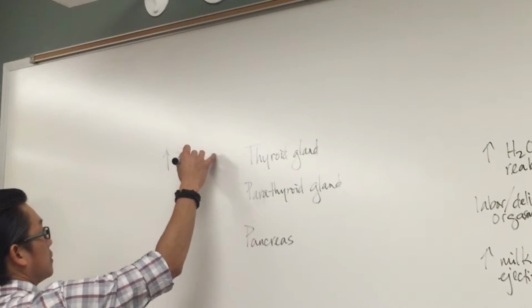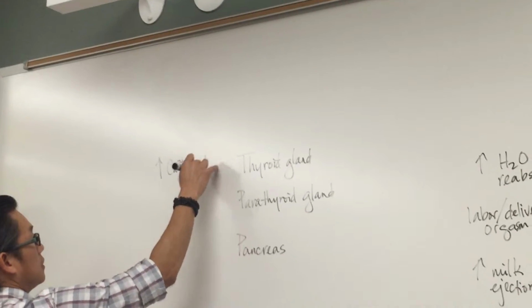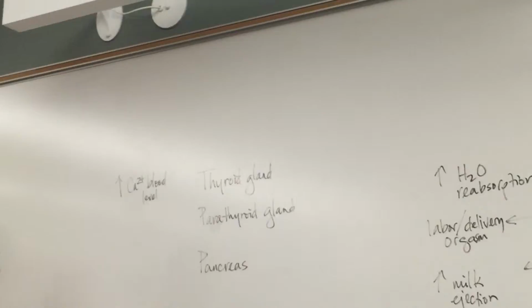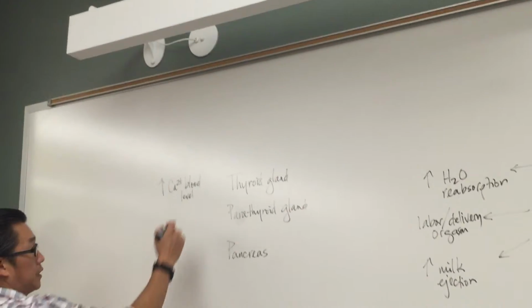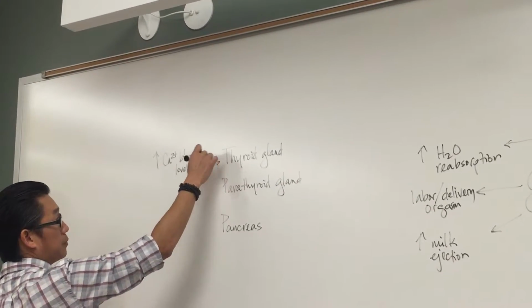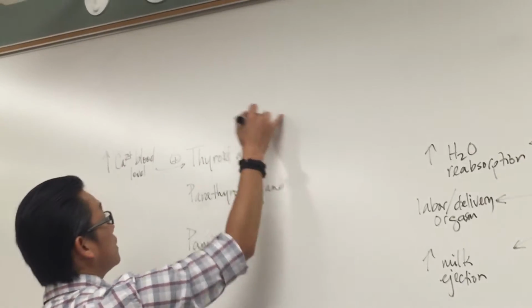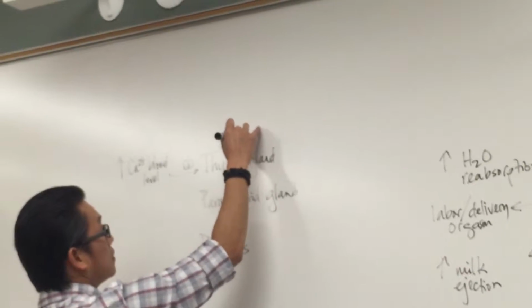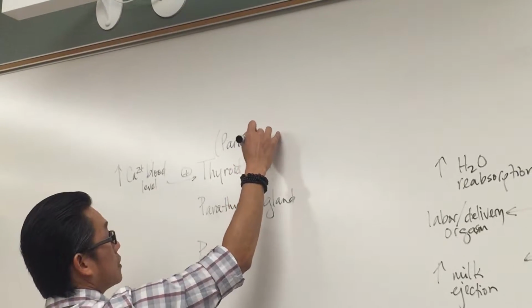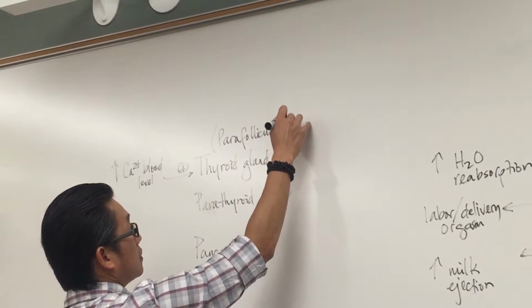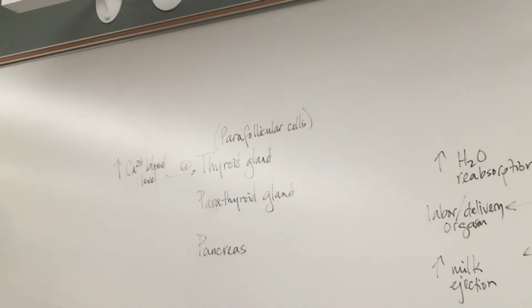Okay, so if you have an increase in calcium blood level, that is going to induce or stimulate the thyroid gland, specifically parafollicular cells of the thyroid gland.